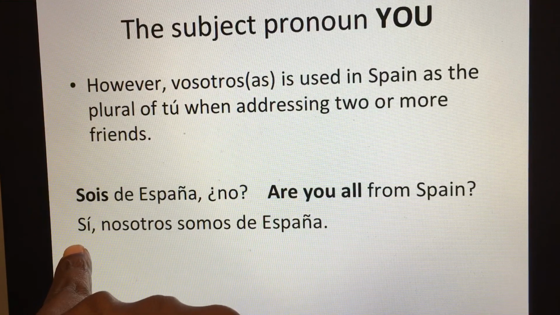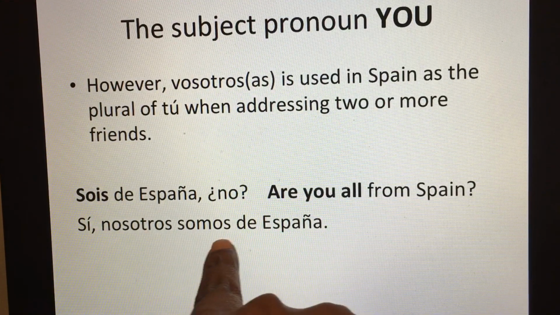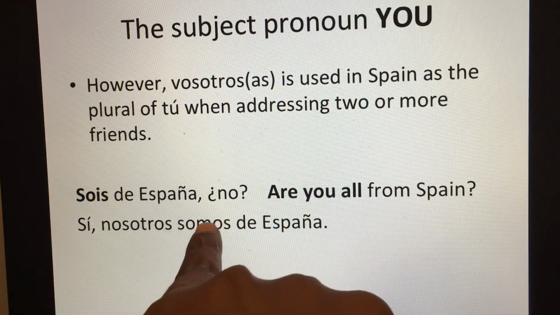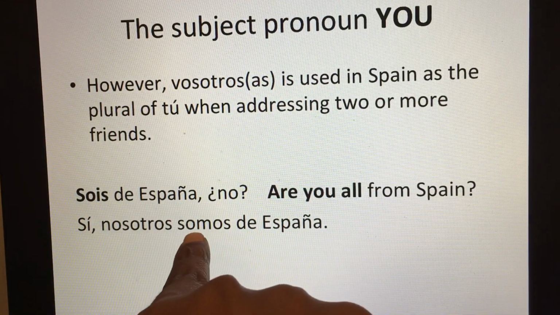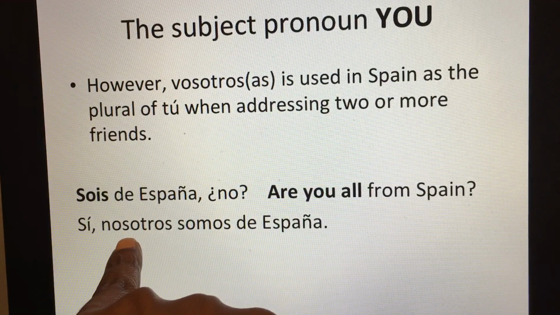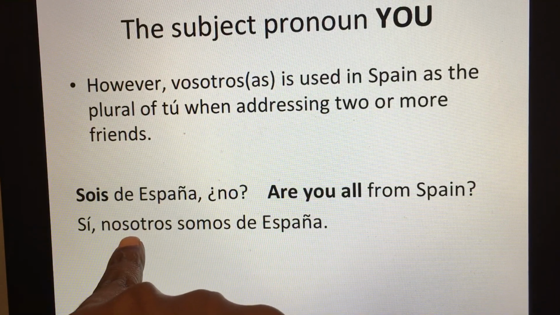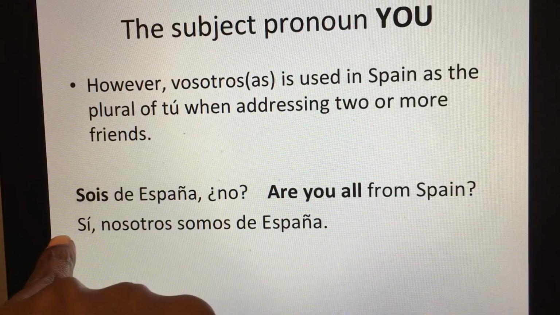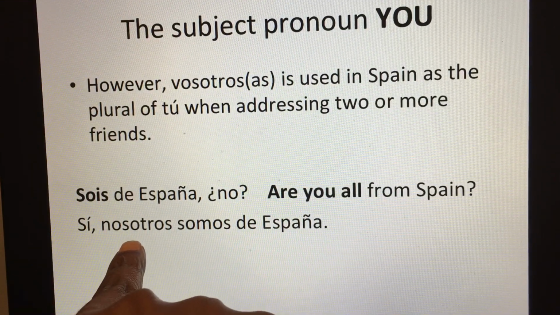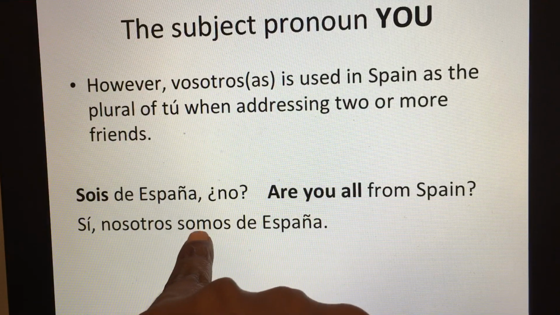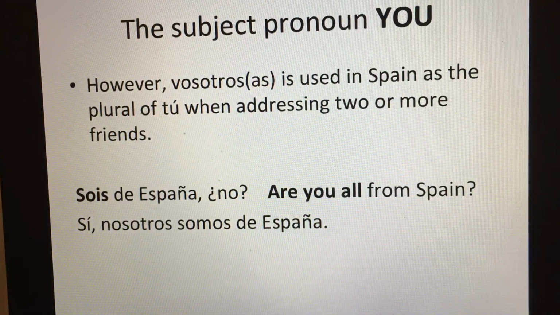The response, sí, nosotros somos de España. Again, I can say sí, somos de España. It still means we are. This can be omitted, but I have it here. Note that nosotros translates to we. It's the subject pronoun. But I have a choice. I can say sí, nosotros somos, or I can just simply say somos de España.